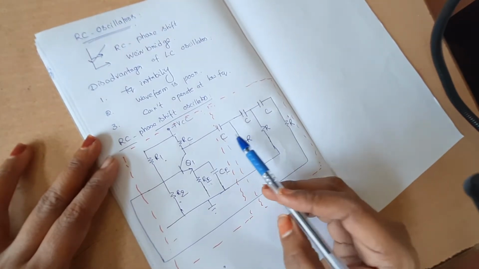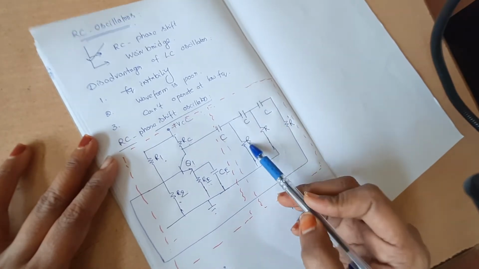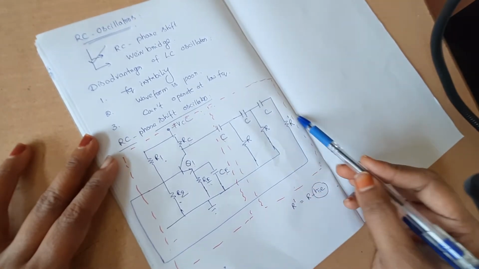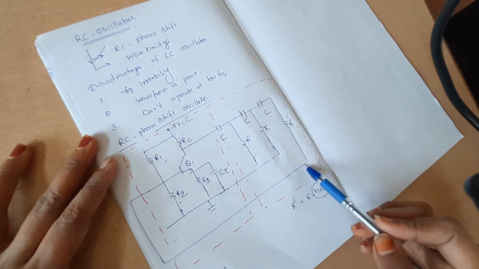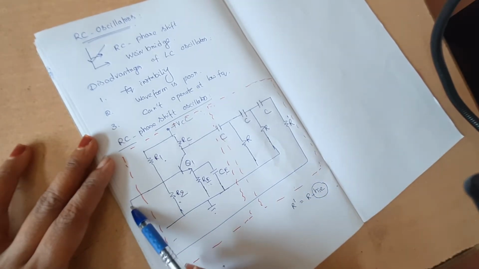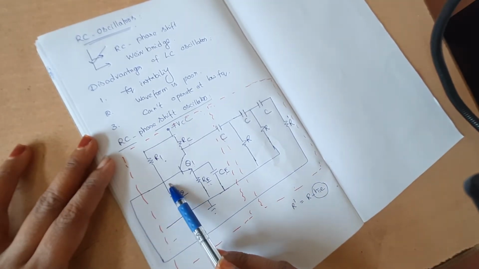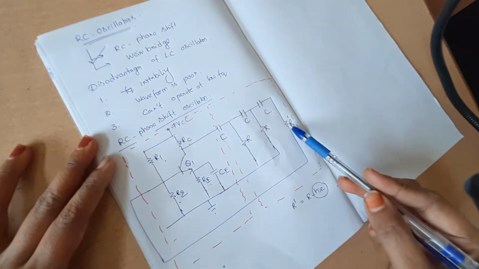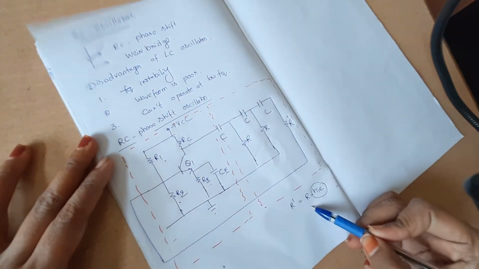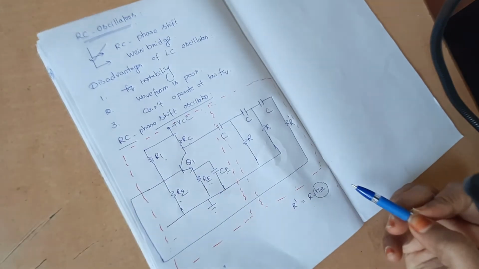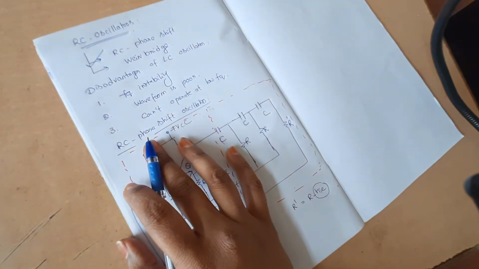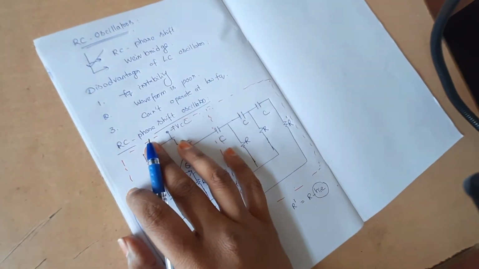So draw 3 RC sections, CR, CR, CR. The last section is connected as the feedback network to the input of the amplifier. Here R' is equal to R minus hie, where hie is the input impedance of the circuit.